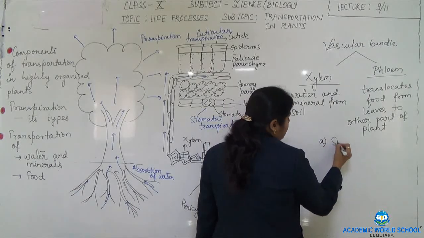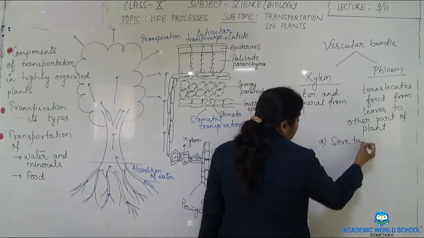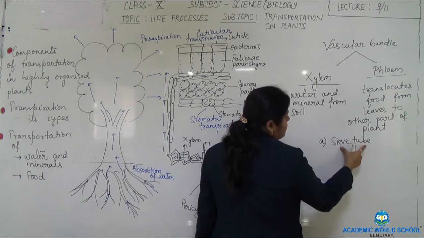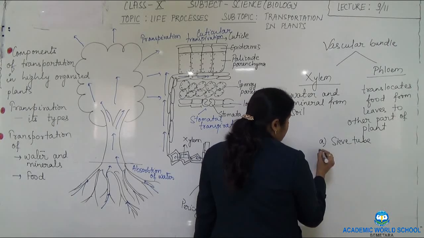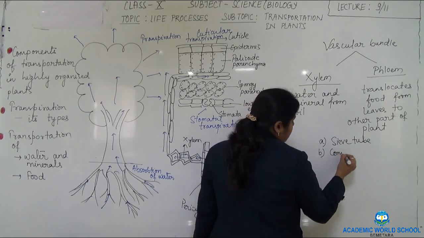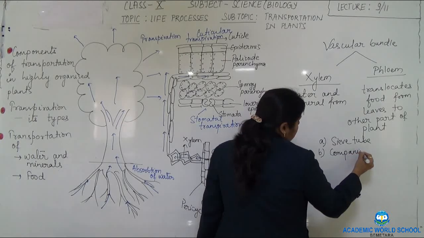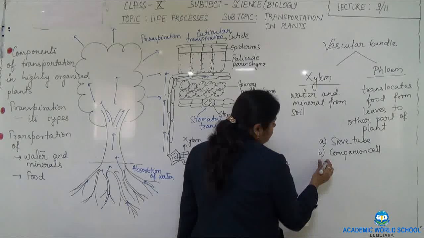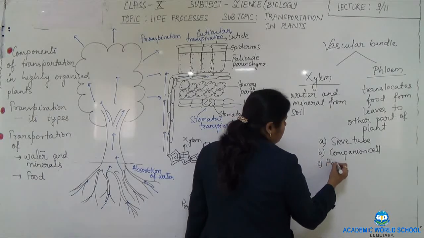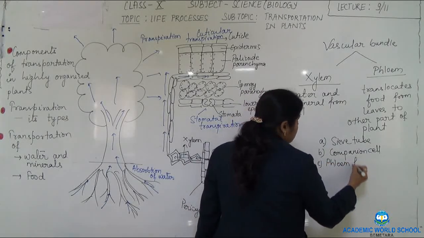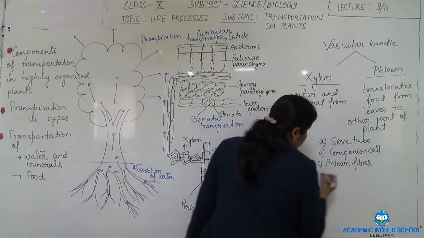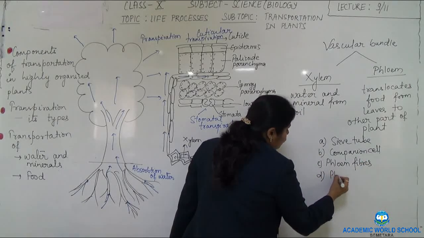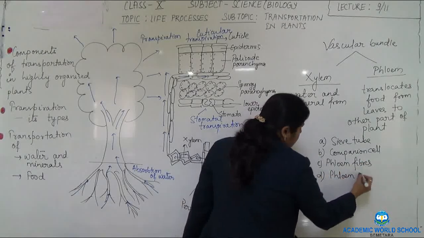First one is sieve tubes. See here, from the tube itself we understand that this is the main conducting channel. Second is the companion cell. Third one is phloem fibers, and the last one is phloem parenchyma.